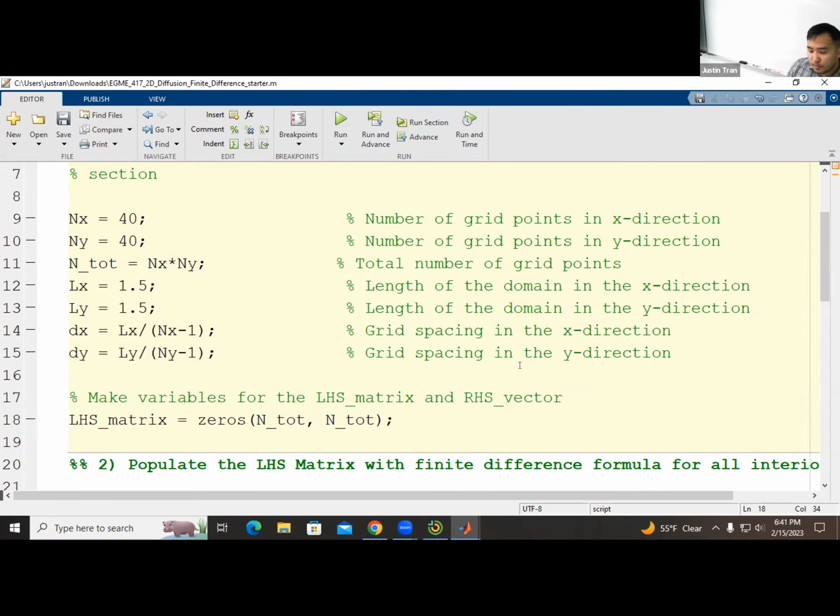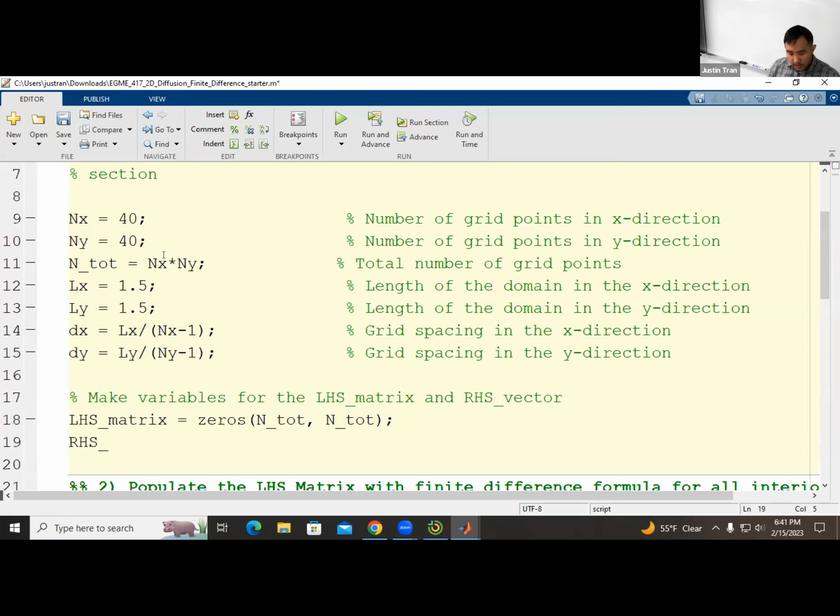The dimensions of this matrix are going to be n tot by n tot, where n tot is just nx times ny. That's the total number of nodes that we have. And the right-hand side vector is going to be zeros of n tot, comma 1. All right. Any questions on this?